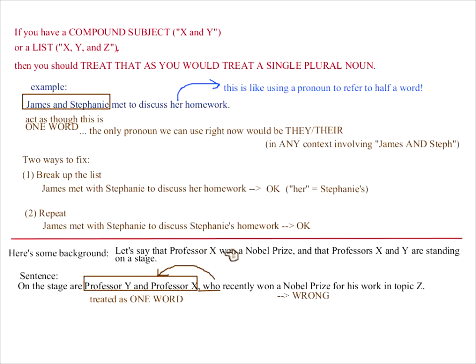So only Professor X won the Nobel Prize. Some people have typed "both of whom." Those don't work because they're lies. It's not true that they both won. So we need to restructure the sentence in a way such that only Professor X has won the prize. So if you know how to do that.